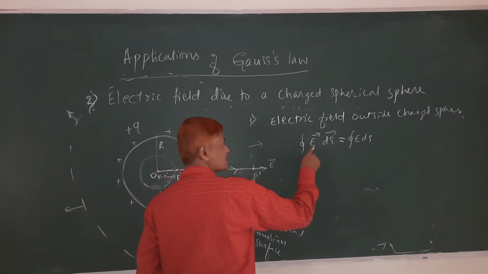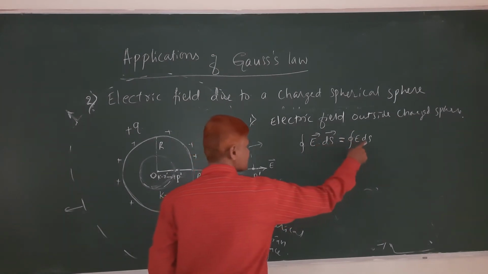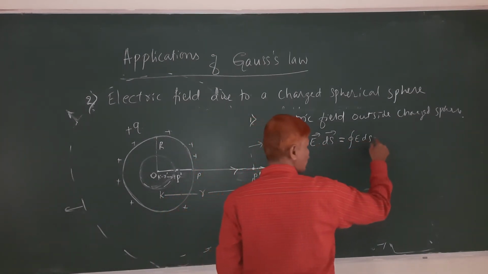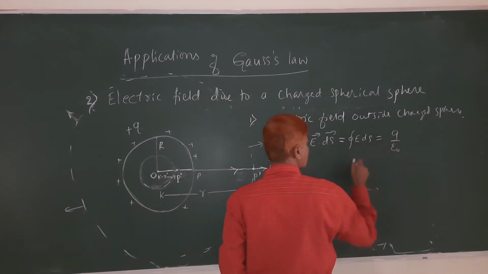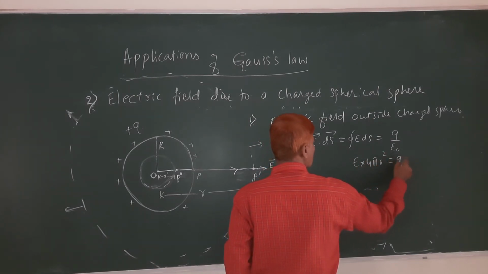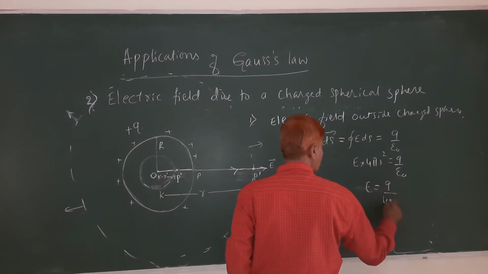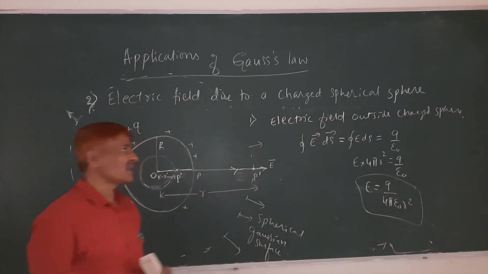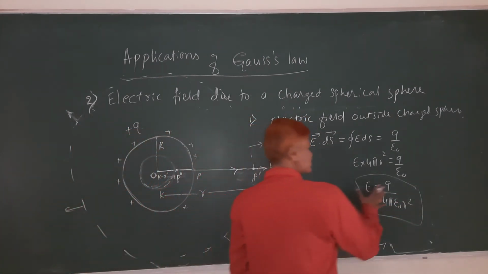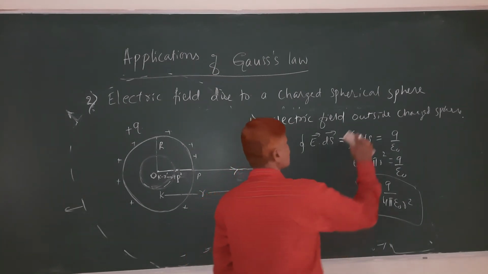The dot product means magnitude of E times magnitude of ds times cos 0, which is 1. And from Gauss's law its value is q by epsilon, so E into 4 pi r square equals q by epsilon, and E is equal to q divided by 4 pi epsilon r square. This is for outside. We get the same result; only the third case result is different.